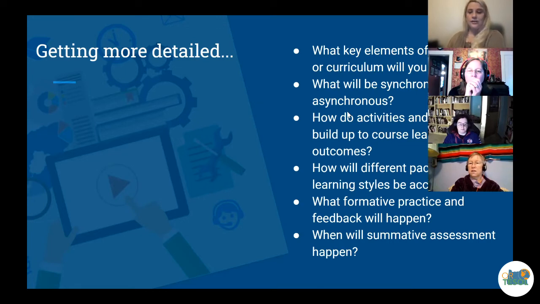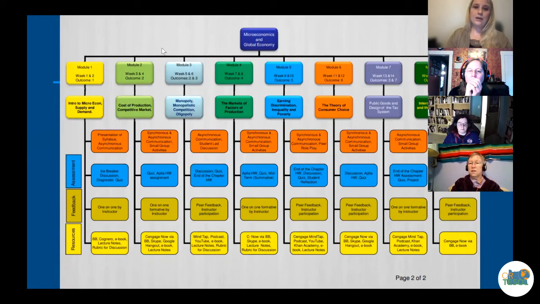And I know Tim and some others brought this up in the chat, that was something they had worked on. Here's one example from an instructor. This was a follow-up from one of the course maps that we saw. This is what they created. For each of the modules, you can see the activities they did under that module. What was the key topic?